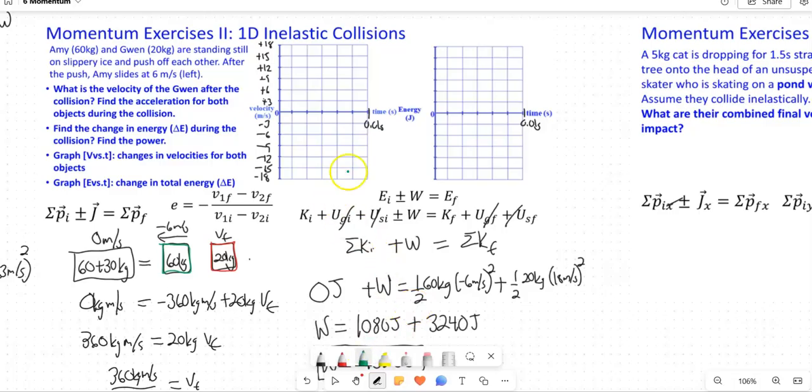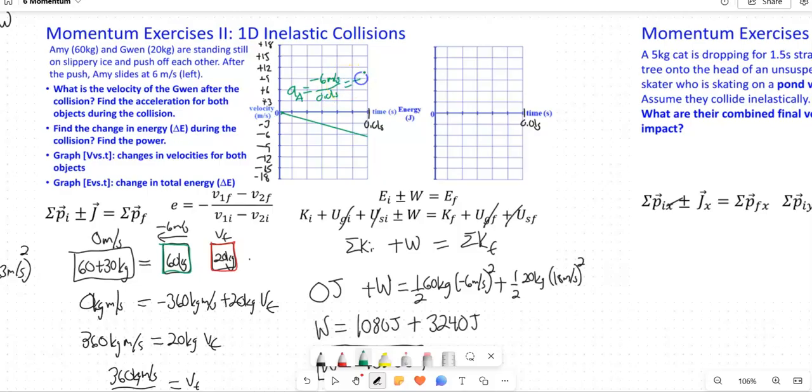So the green guy starts out not moving. So Amy starts out not moving, and then she's moving at 6 meters per second to the left. Okay, so this is going to be Amy. Amy's acceleration is she's changing by 6 meters per second to the left over the period of 0.01 seconds.